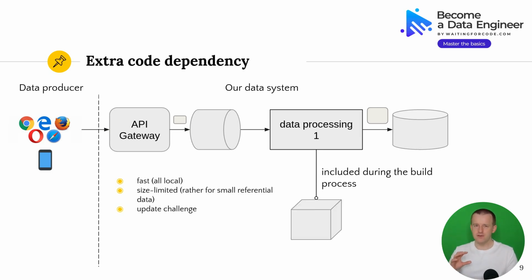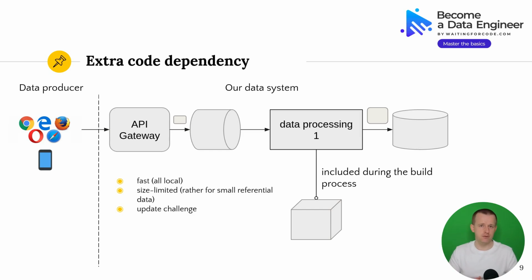And there is also a local solution, meaning that you have, for example, one wheel or one jar, depending on the language you are using, that you include directly into your processing logic so that all the enrichment data remains local, meaning that it's available either as files bundled in your project or maybe even in memory for very fast access. But on the other hand, it has many more drawbacks because there is a huge challenge to update these artifacts.